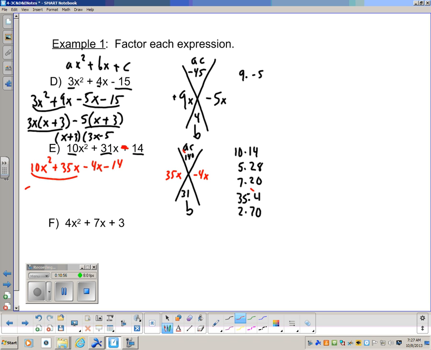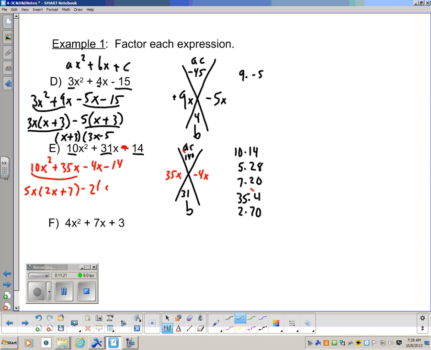Group these together, pull out the 5x, left with 2x plus 7. Over here, pull out the minus 4, minus 4 times x. Oh, I can't take out 4, I've got to take out 2.